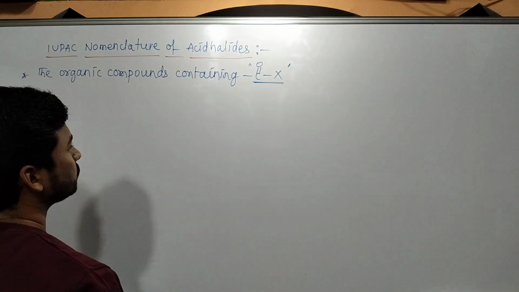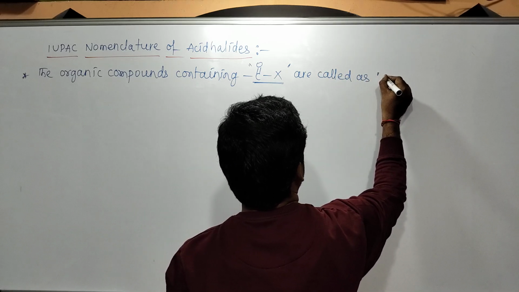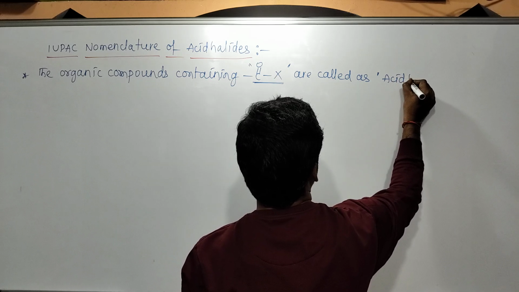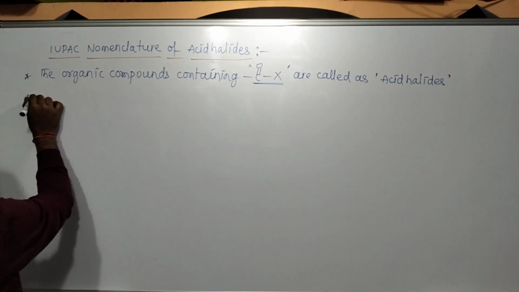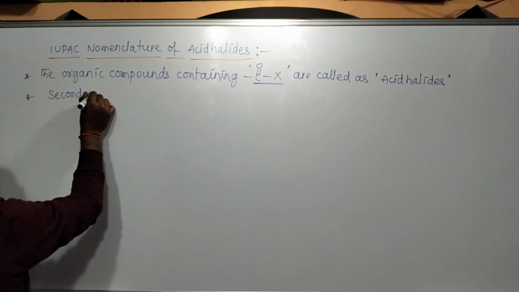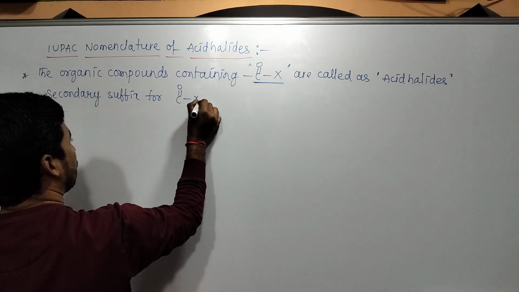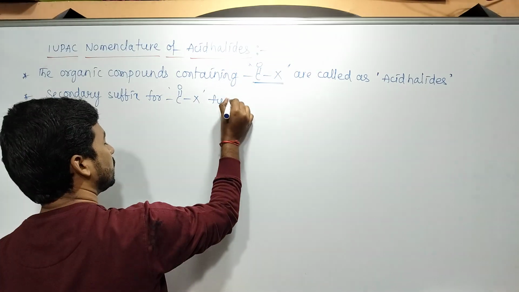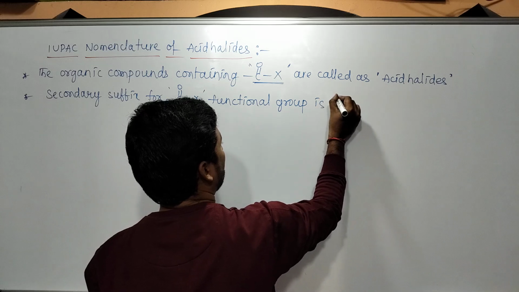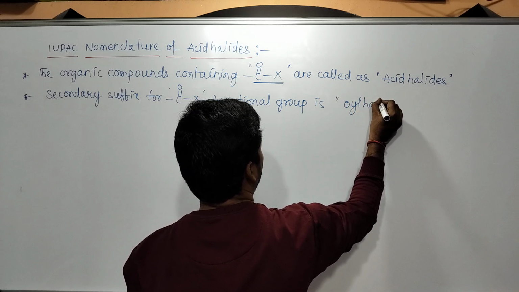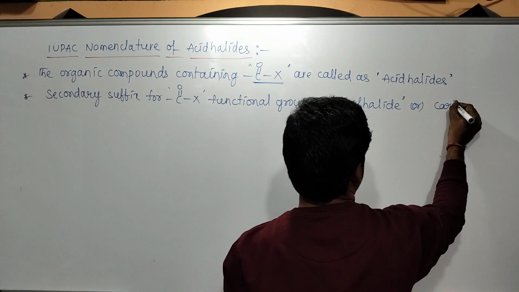These are called acid halides. The secondary suffix for the COX functional group, while COOH is the carboxylic acid functional group, is oyl halide or carbonyl halide.